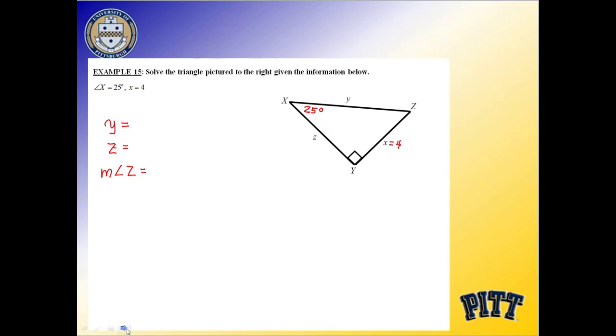However, with right triangles, whichever order I find these in doesn't really matter a whole lot, because I don't typically have to use anything I calculated previously to find any additional missing information. So, I can find side y, side z, and angle z independently of each other.